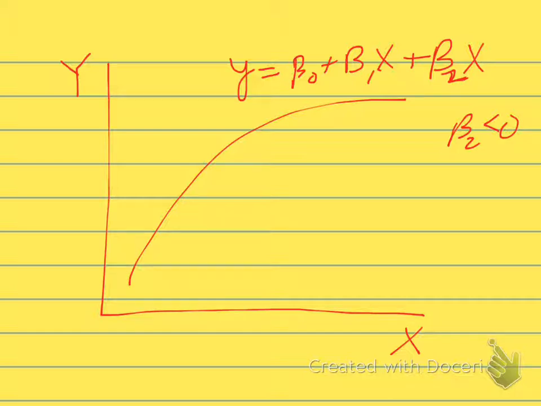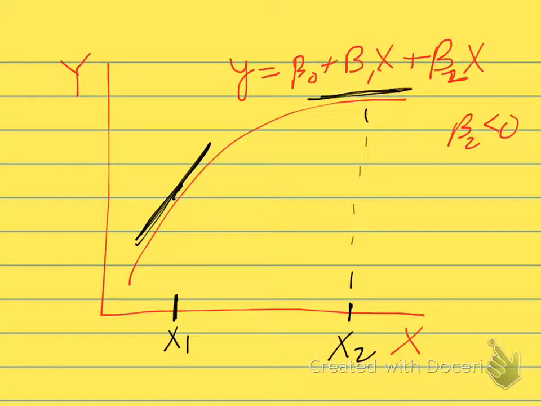Notice that the slope depends on the level of x. If x is here, we have x1, and the slope of the line is pretty steep, but if we're at a point x2, the slope of the line at x2 is flat. So the slope depends on the level of x.